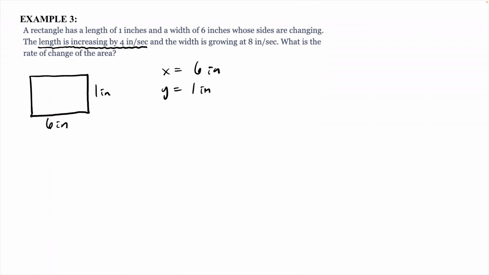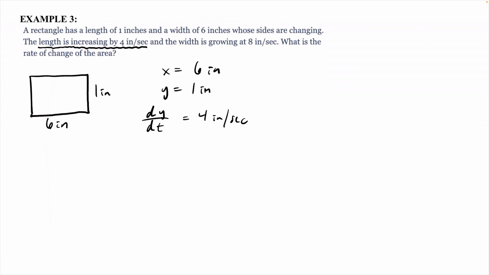Okay? So if we said the length is increasing by 4 inches per second, how do we write that? What's the other side of that statement? dy, yeah, dy, because it's the length. y is the length, so dy over dt.